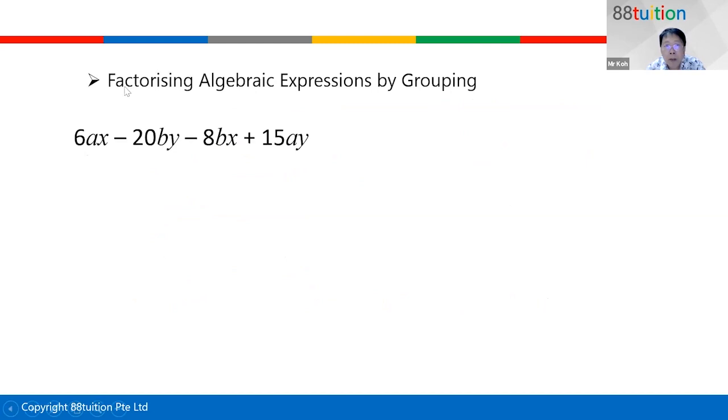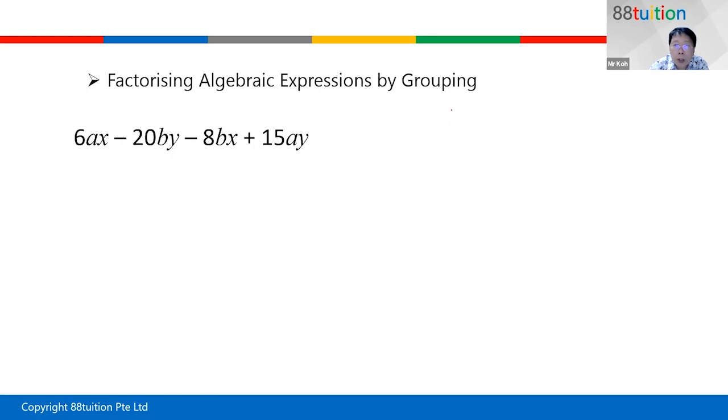This one is factorizing algebraic expressions by grouping. What do you mean by grouping? First of all, Mr. Ko asks you, can you recall factorization in Sec 1? Know how to factorize or not? I forgot.